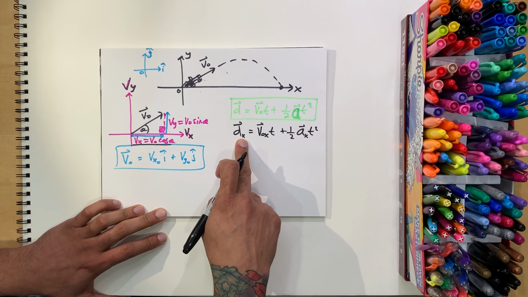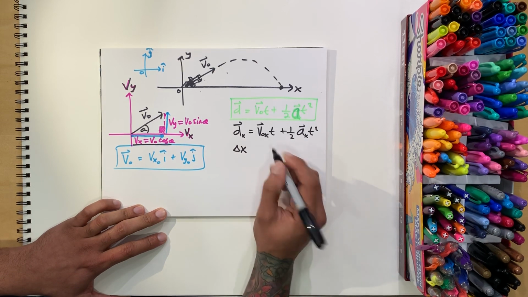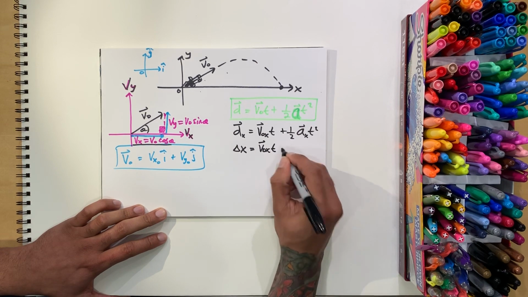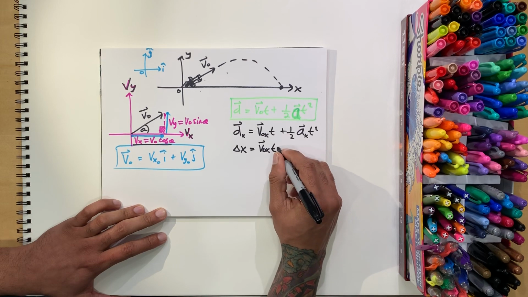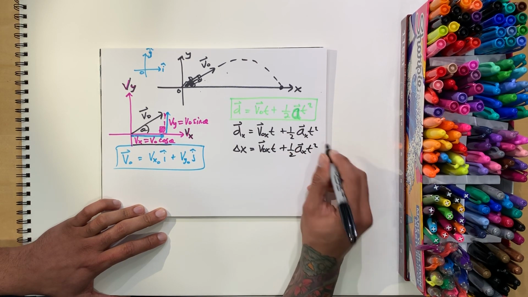Displacement in the x, you can also write this. You can also write change in x is equal to v naught or v0 initial of x times t plus 1/2 acceleration in the x times time squared.